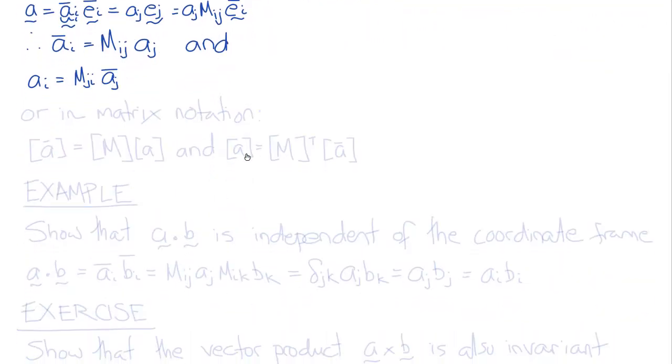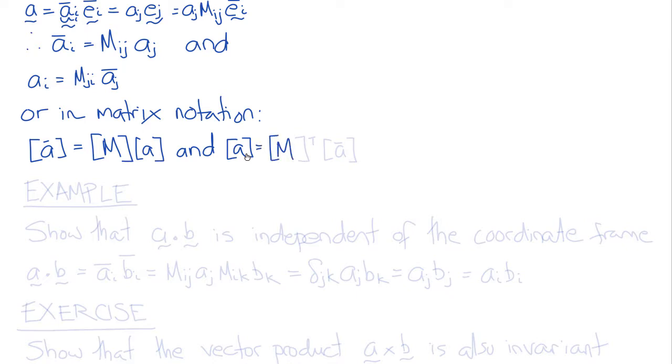And similarly, Ai equals Mji Āj, where Mji is the transpose of Mij, and therefore the inverse since it's orthogonal. Or in matrix notation, Ā, the components of A in the new coordinate frame, is equal to M times A, and A is equal to M transpose times Ā.